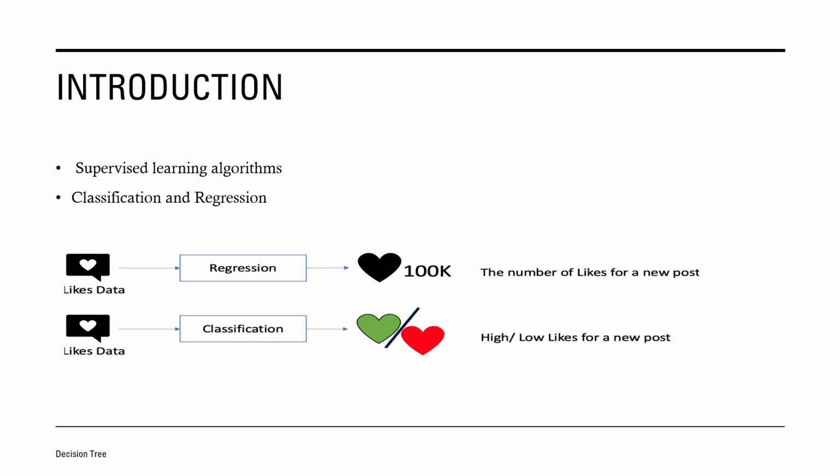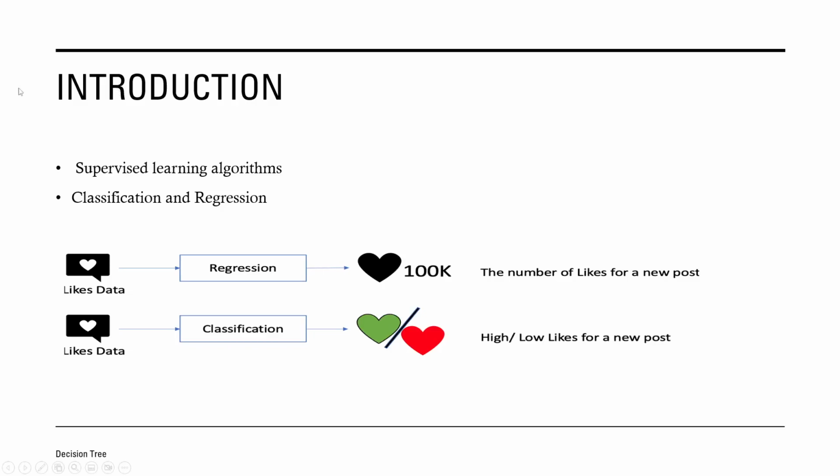So the first thing first, introduction of decision tree. A decision tree is like a tree structure where a node represents a feature, the branch represents a decision rule, and the leaf represents the outcome.